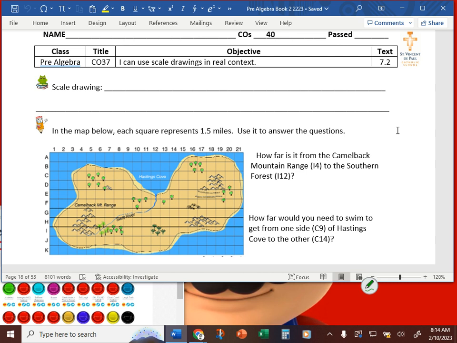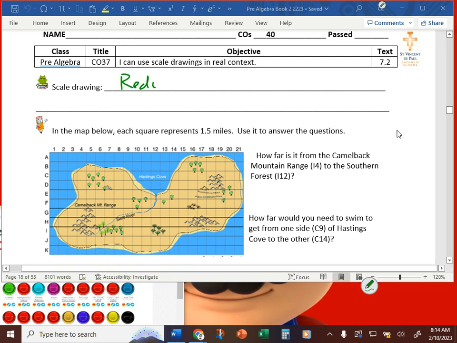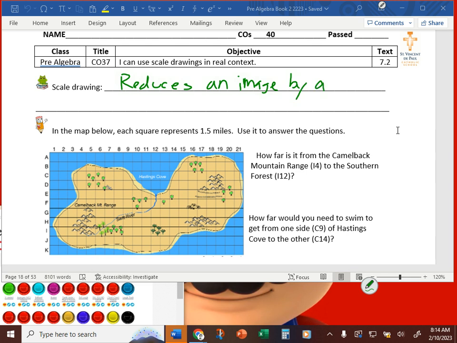So what a scale drawing does is reduce an image by a scale factor. Okay, it reduces an image by a scale factor, and a map is a very common way that is done.